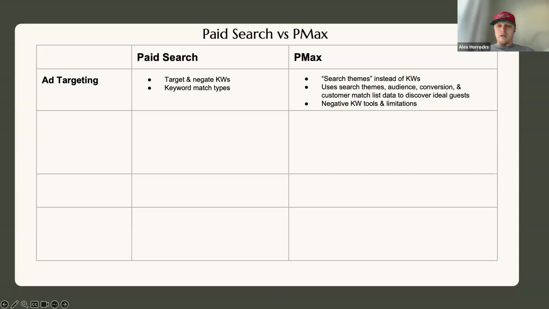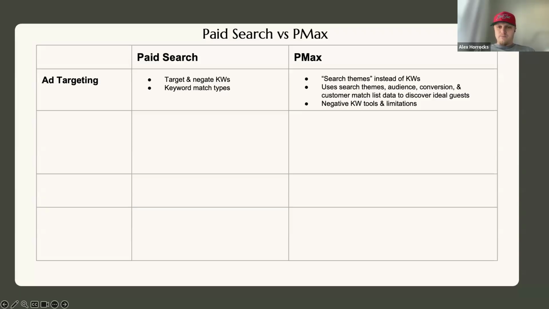You can also negate keywords, as many as you need. It's essentially a way of excluding them from your keyword pool. And it has a lot fewer restrictions than PMax: you can go as far as the account level, the campaign level, and the ad group level.